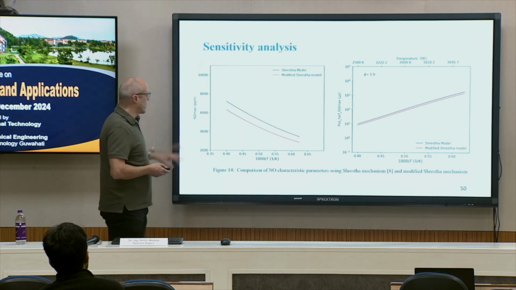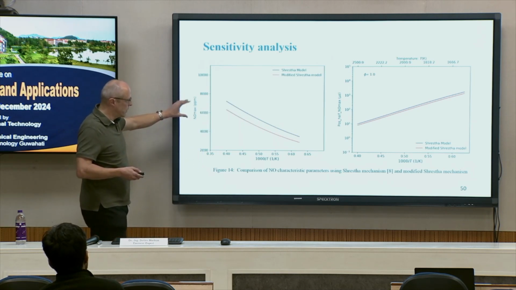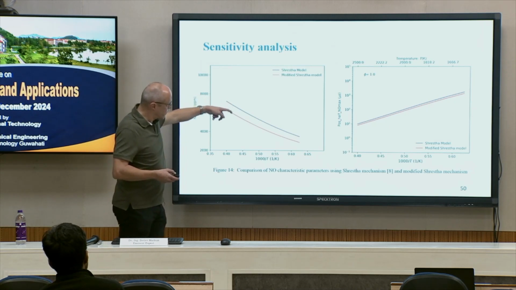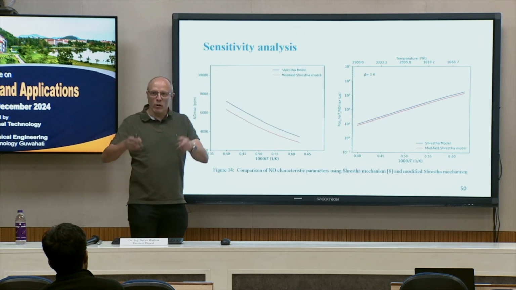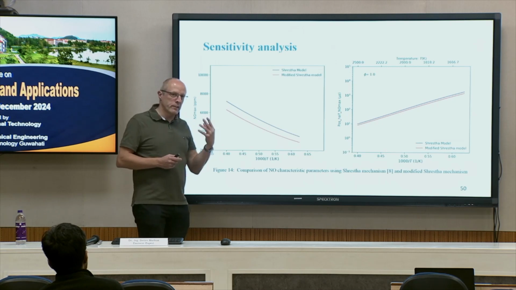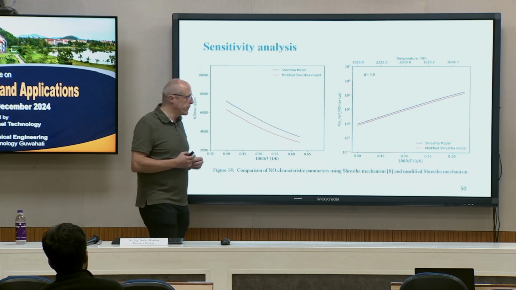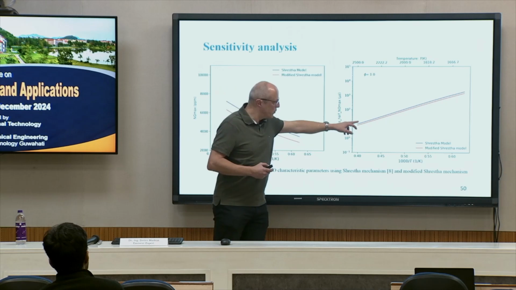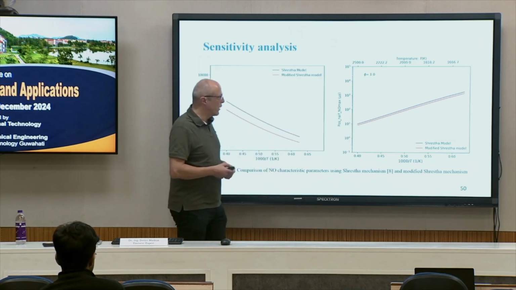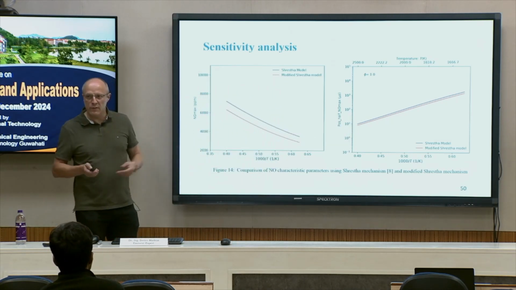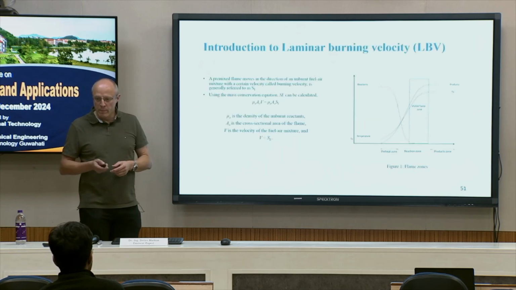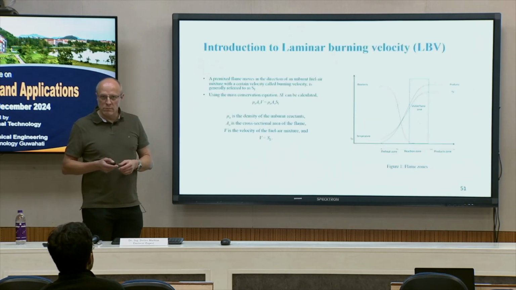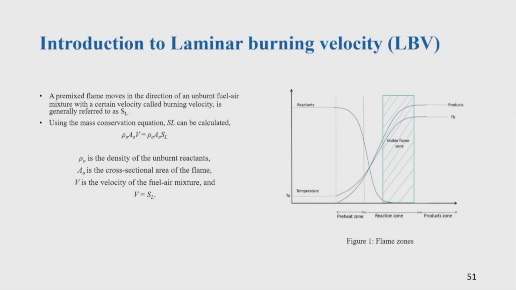So NO max, you see a big change here. The maximum amount of NO is very sensitive concerning these equations, but also the position, which then gives us the ignition delay time.